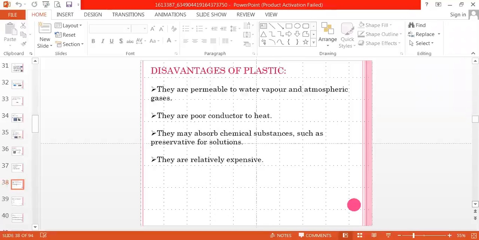Disadvantages of plastics. Compared to glass, plastics do not have that much intactness. They can permit water vapors from the inner side of the container to the outside. Generally, plastics are poor conductors of heat.